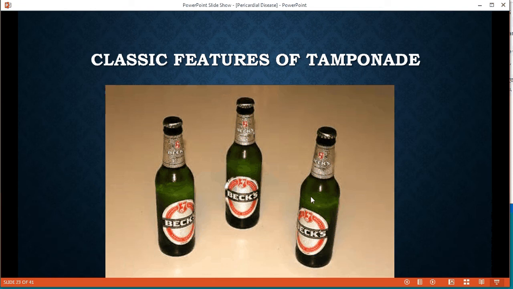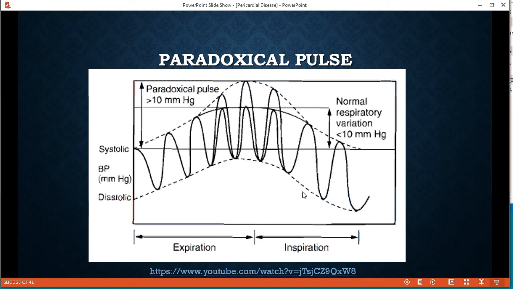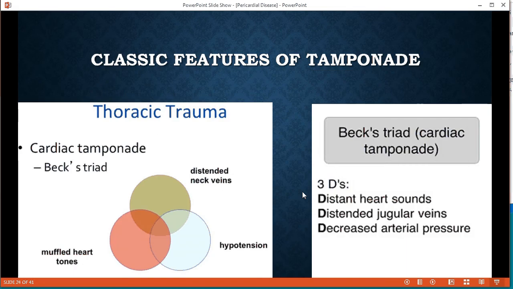So classic to pericardial tamponade is something that we call Beck's triad. And Beck's triad is not about 3 beers named Beck's that are in a triangle, but it's certainly a clinical feature that we tend to see that's very classic to pericardial tamponade.